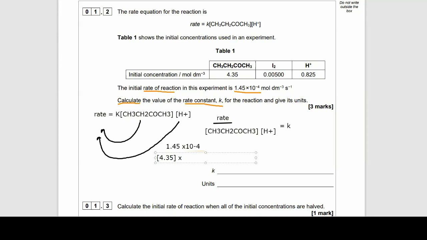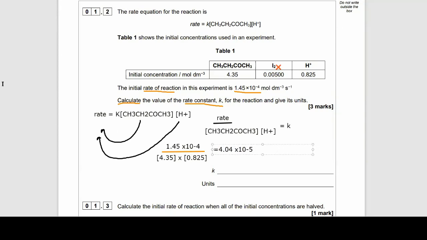You always use square brackets for concentration, which I'm going to multiply by 0.285, and that is the concentration of the hydrogen ions. Notice I put a red X next to I2. It's not in the rate equation, so it doesn't appear in our equation. It doesn't affect the rate, that reactant. So that's going to equal 4.04 times 10 to the minus 5, and that is the value for K.